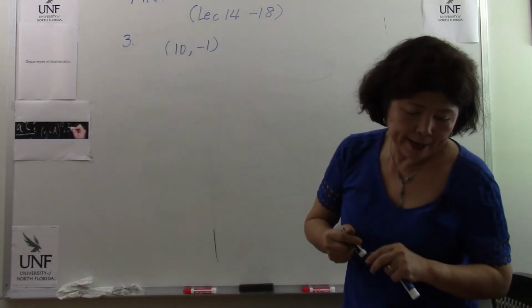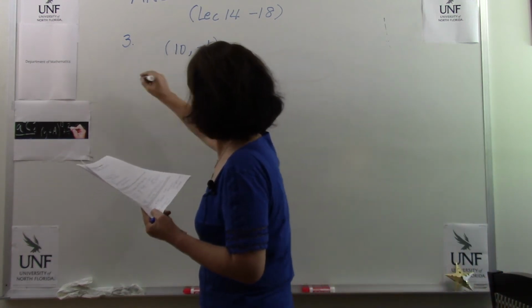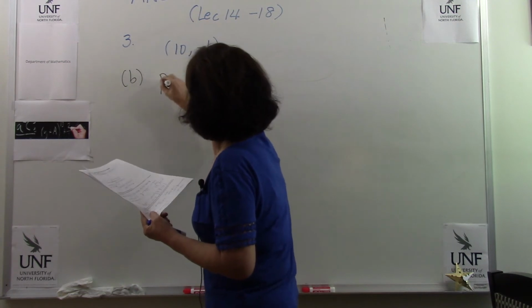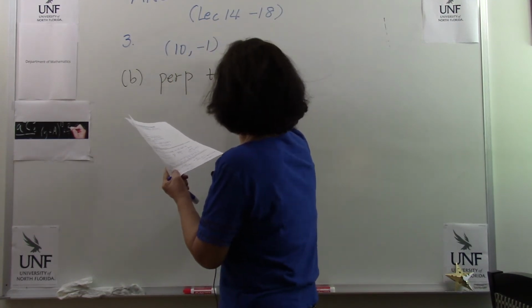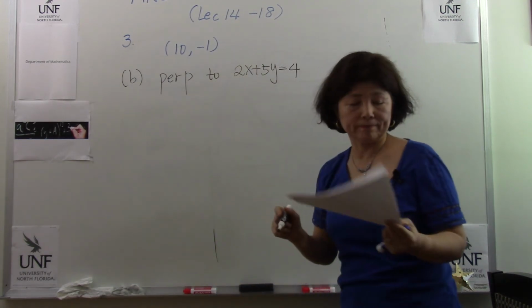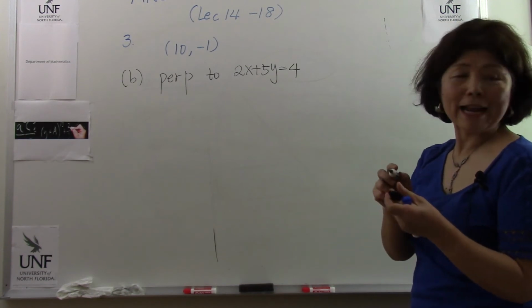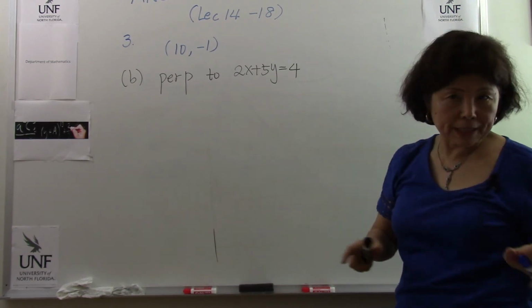The next one is the same condition. A line is passing through this, but this time it is perpendicular to the line 2x plus 5y equals 4. Okay. Perpendicular lines have the property of having opposite reciprocal slopes.